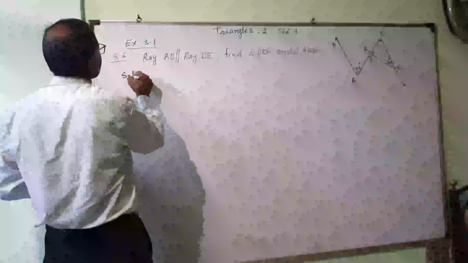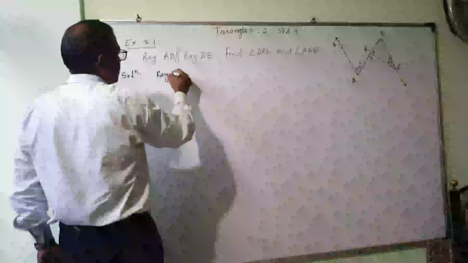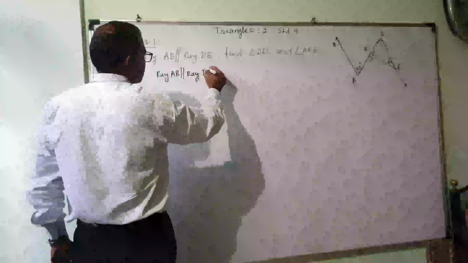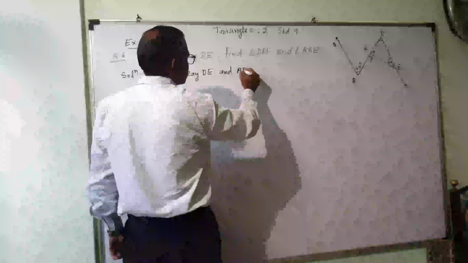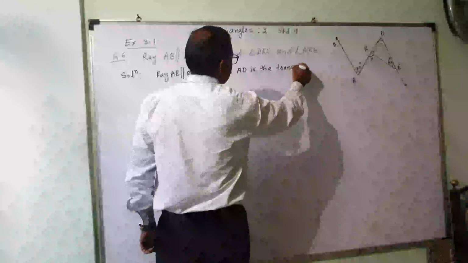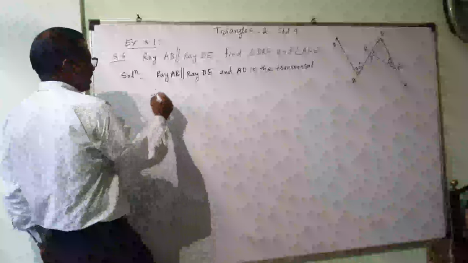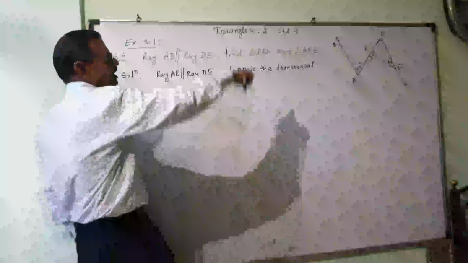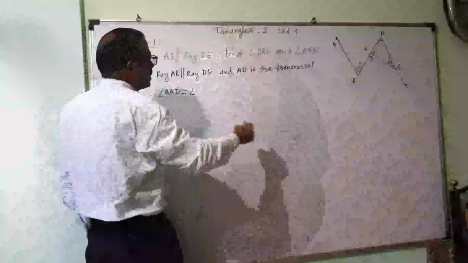Solution. Ray AB parallel ray DE, and AD is the transversal. Therefore, angle BAD equal to angle ADE.